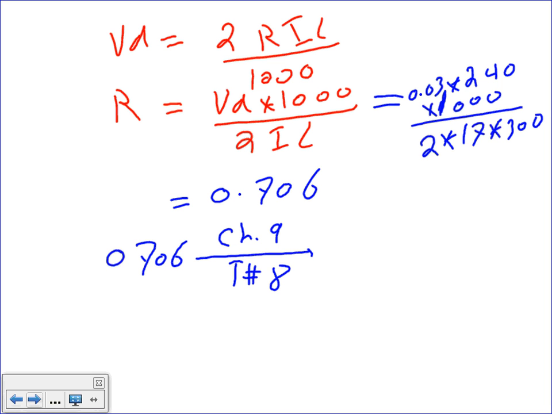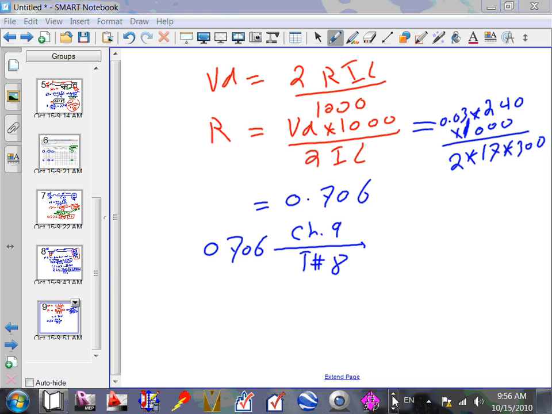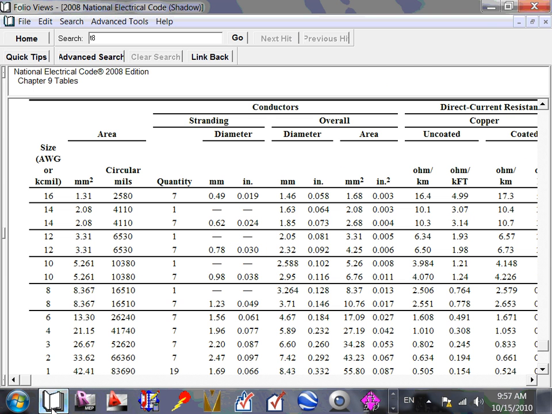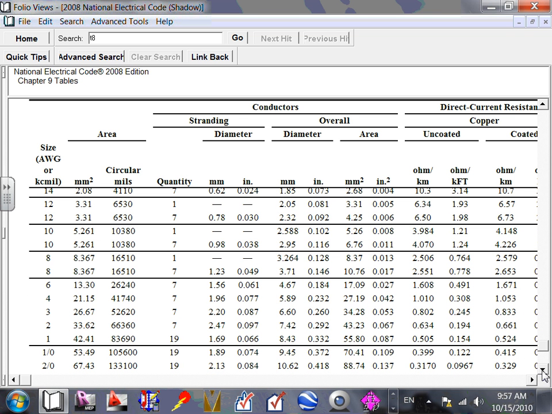Let's go do it on the code. Let's go open the code. Here's my code. I'm gonna go and find an impedance. Remember the impedance that I'm looking for, 0.706.